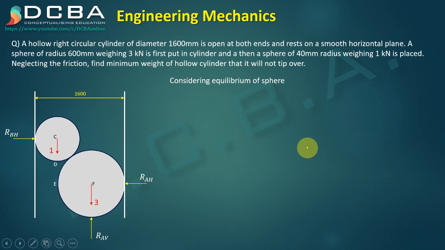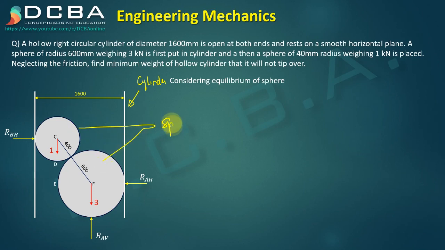Considering the equilibrium of sphere, okay, what I will do is I will consider the equilibrium of the spheres now. See, there are two systems here. First is there is this cylinder, and then there are these spheres. For the equilibrium of the entire system, the cylinder also should be under equilibrium, the sphere should also be under equilibrium, right?